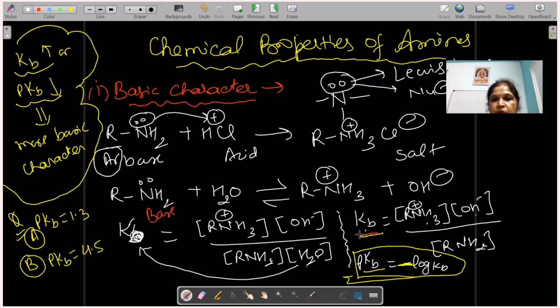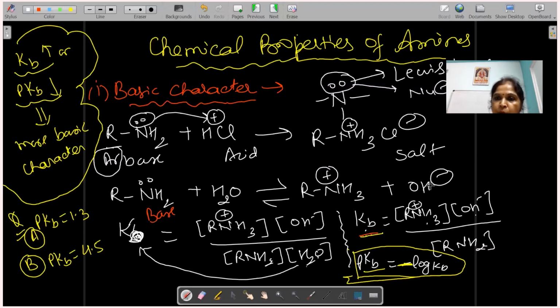From this expression you can understand that the Kb value will be higher if the concentrations of ammonium and hydroxyl ions are more.